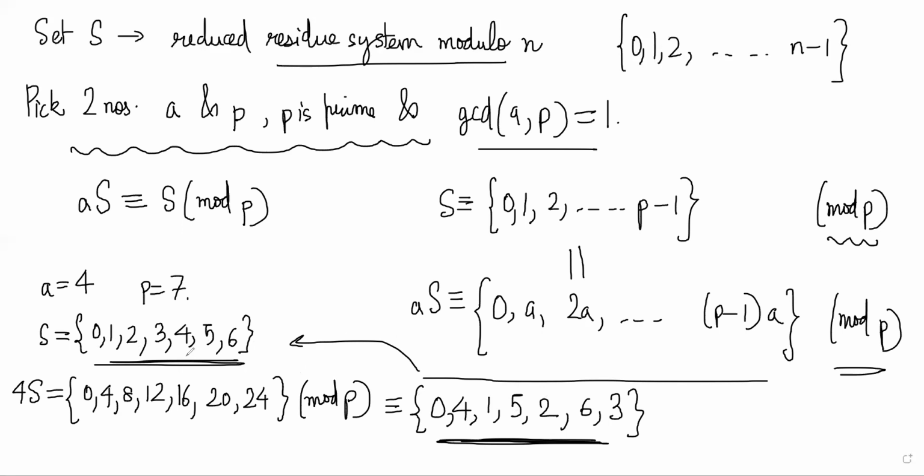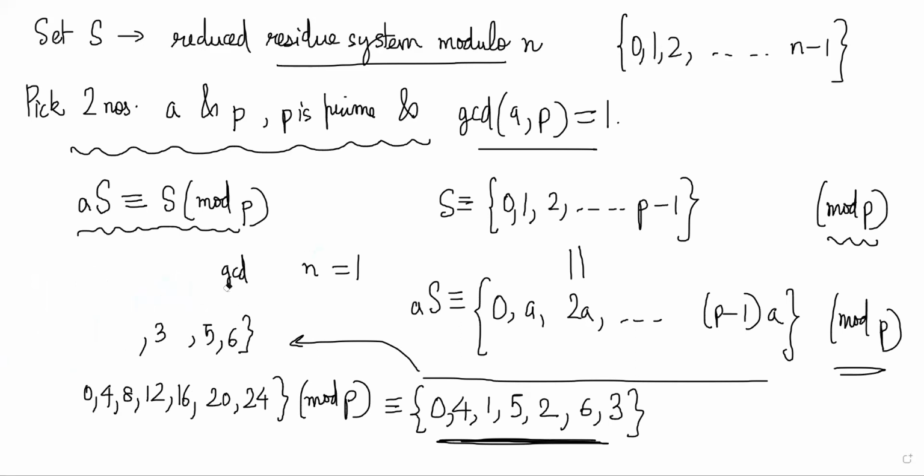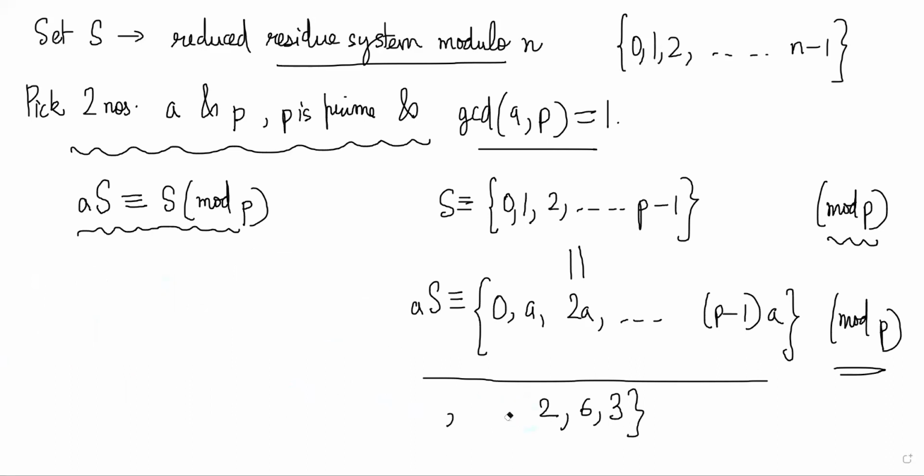This situation will happen in general, as long as GCD of A and whatever n you have chosen is 1. As long as GCD of A and n is 1, you will always be able to prove that AS is equal to S mod n. Now, to do a proper proof of this, first look at the two sets, the set S and the set AS.